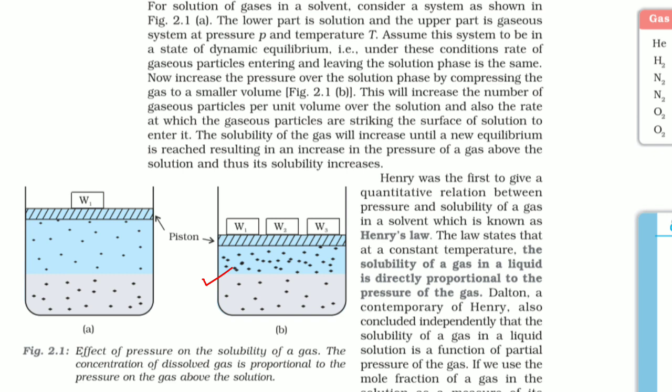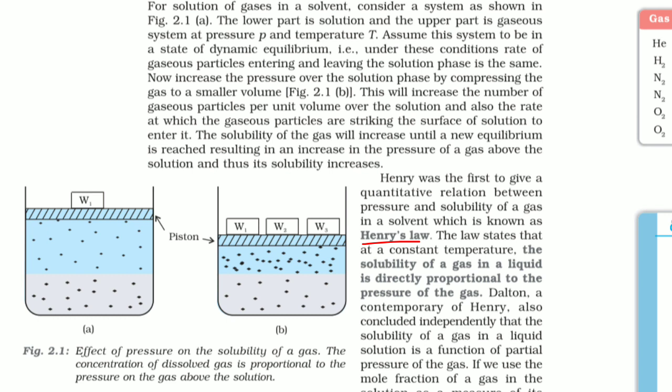Now the question is why the solubility of the gas in the liquid increases if we apply some external pressure. We can understand this phenomenon by using one law, which is given by Henry. After his name, this law is known as Henry's law.